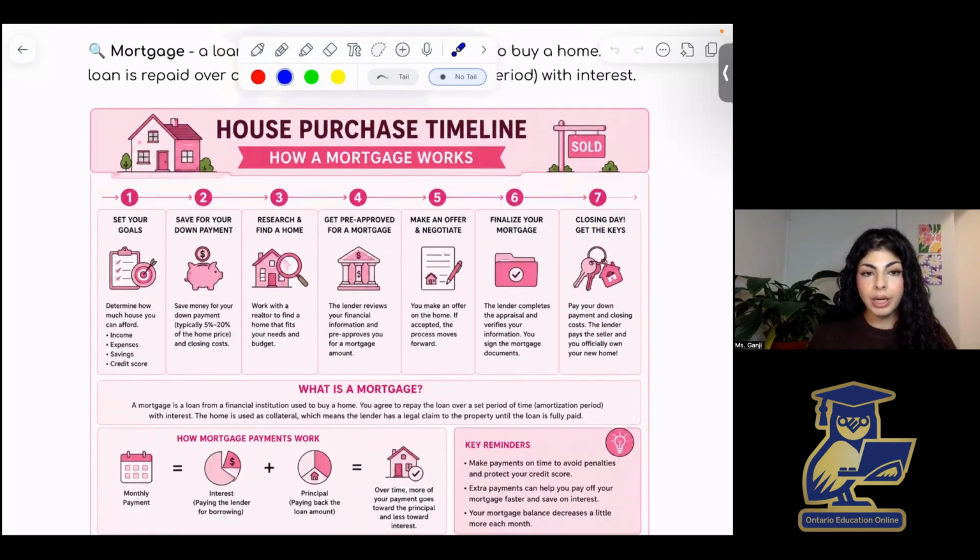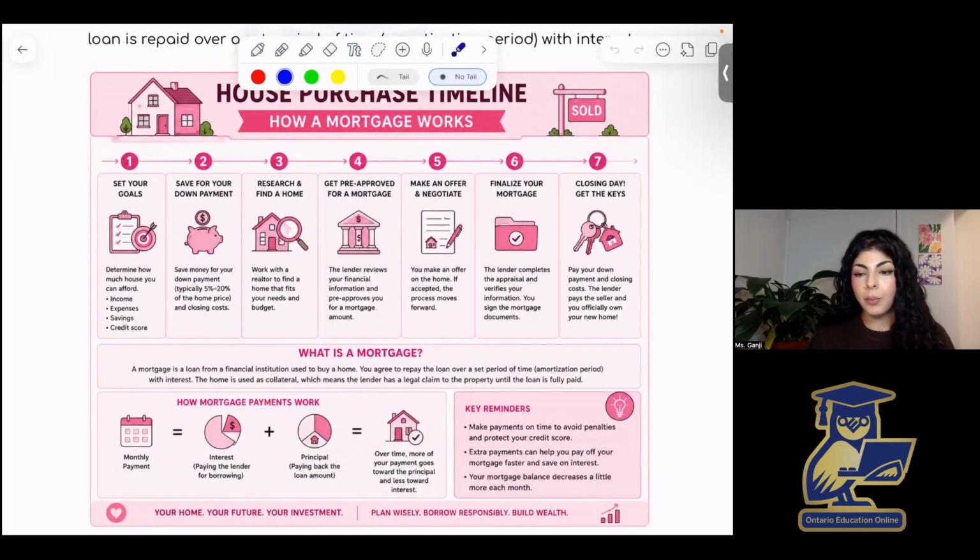So, how a mortgage works, we're going to look at this diagram with a timeline of the steps that it takes. First, you have to know what your goal even is. Typically, what range of houses are you looking for? Are you looking in the millions? Can you only afford $500,000? So, what is your budget?